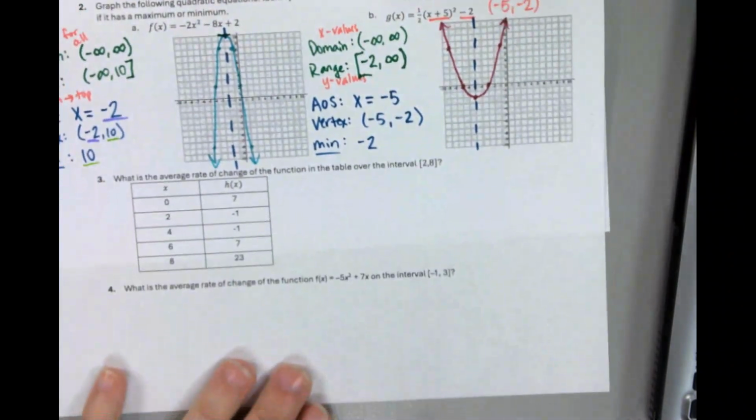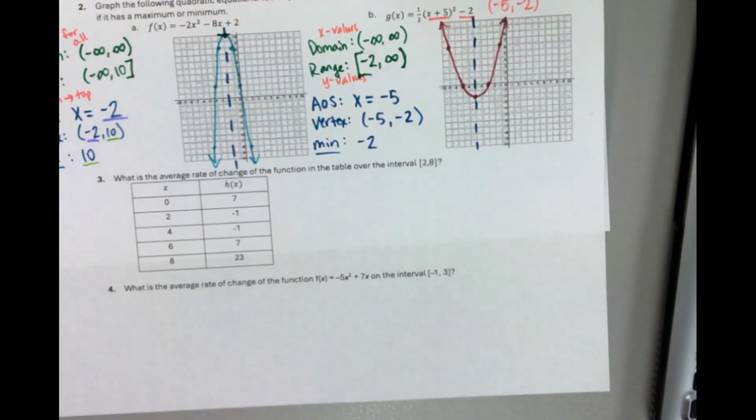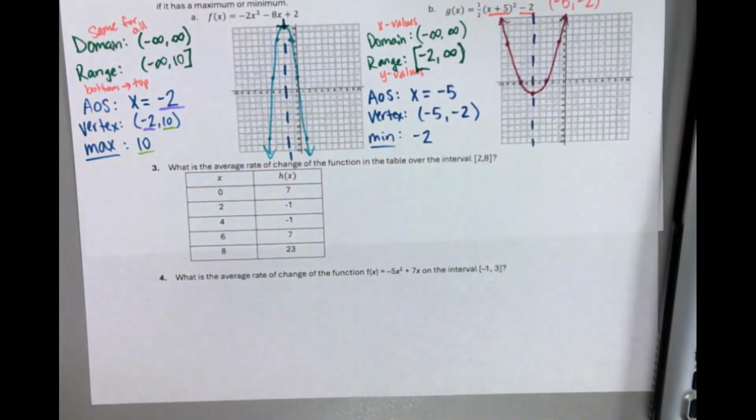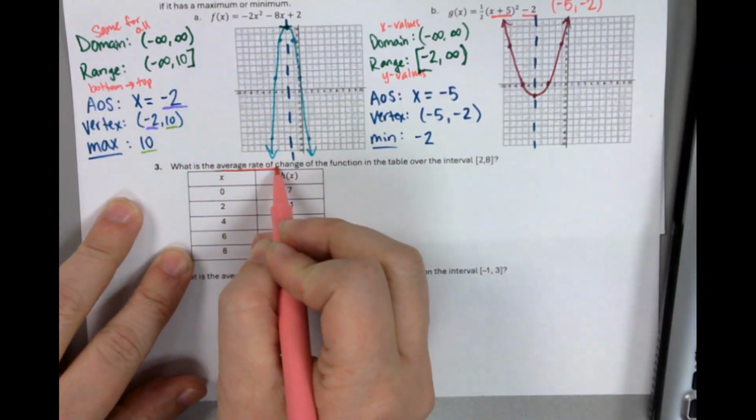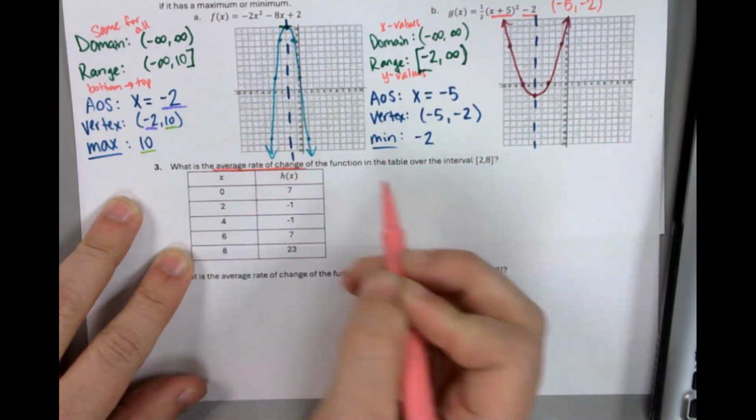All right, number 3, what is the average rate of change of the function in the table over the interval 2 to 8? I'm going to refocus this again. All right. Average rate of change is a fancy term for slope.